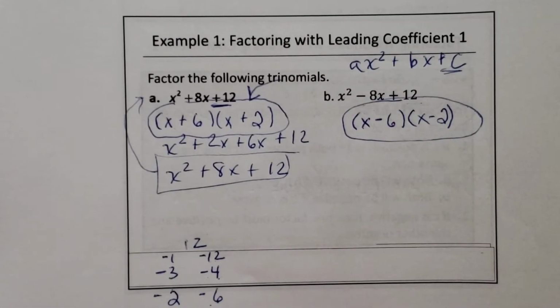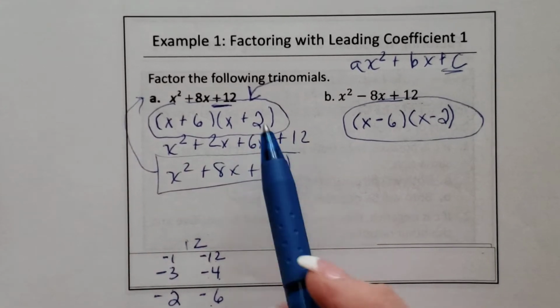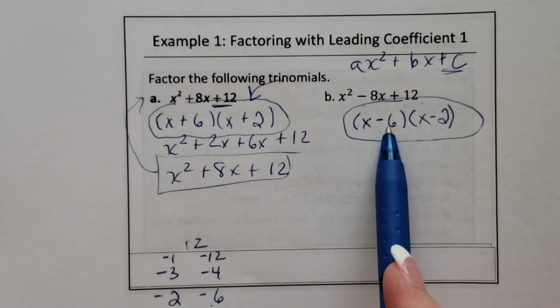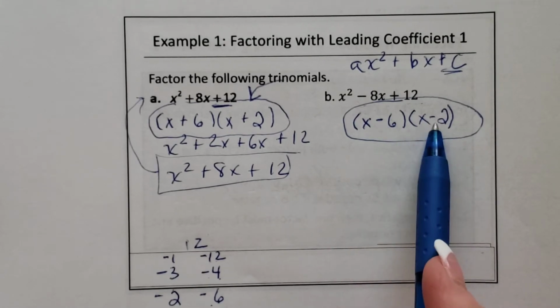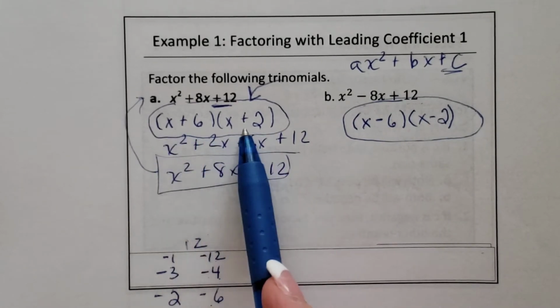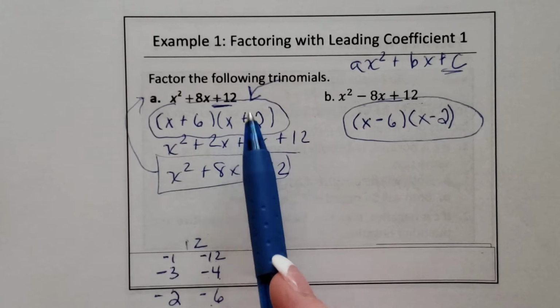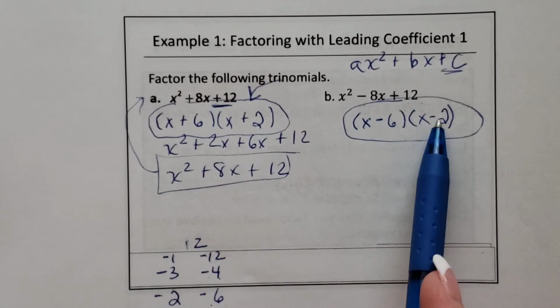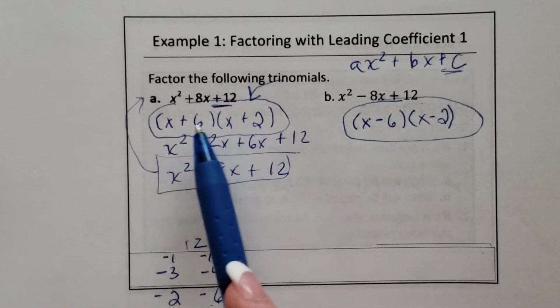We don't have an example of that right now. We only have examples where c is positive, so the two numbers have the same signs. These are both negatives, these are both positives. So that's true: when c is positive, your two numbers are going to have the same sign as each other.